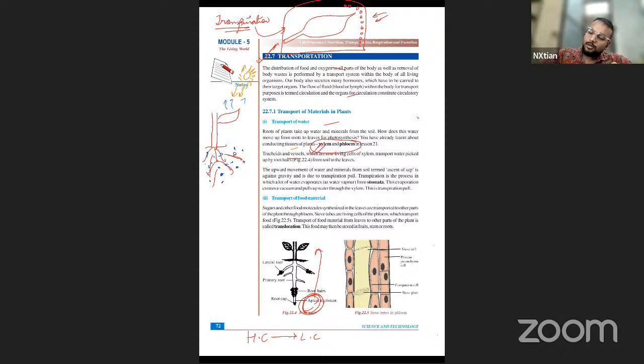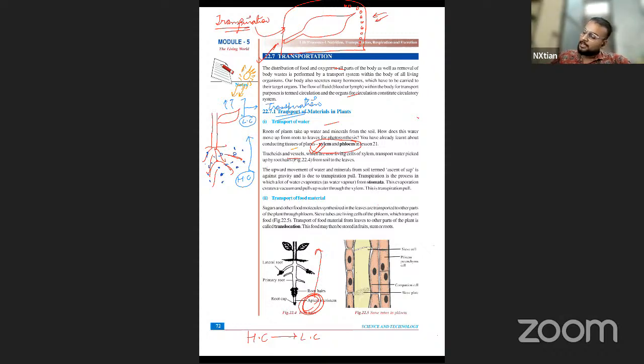And this process is called what? Transpiration. Okay. Now here the water concentration is low, and in the roots there is a high concentration of water. So there will be upward movement of water towards the leaf.